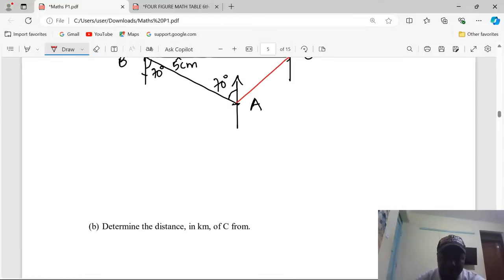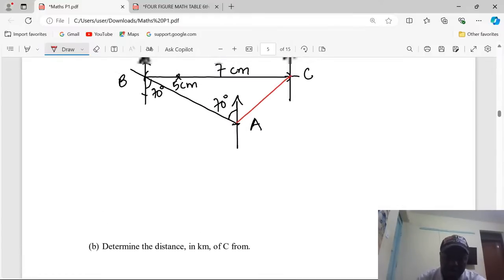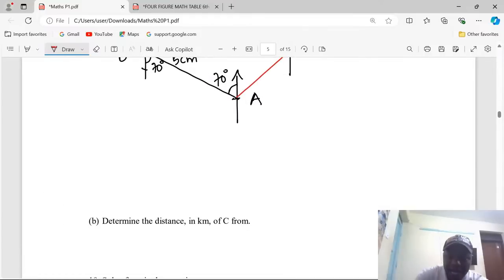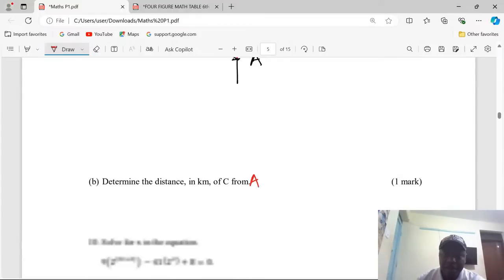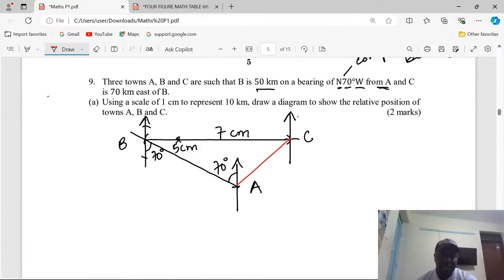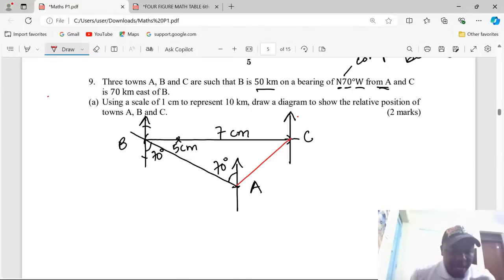Determine the distance in kilometers of C from A. You shall measure in centimeters, then multiply by the scale to get the actual distance.